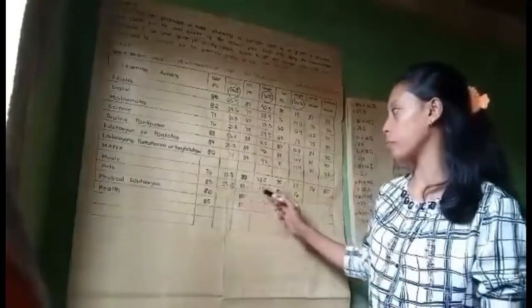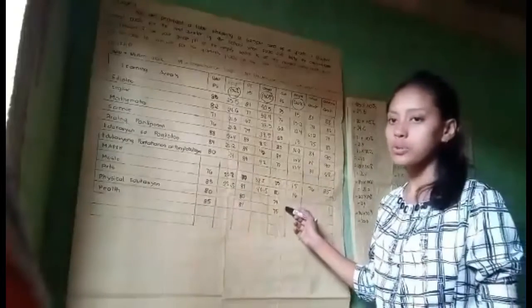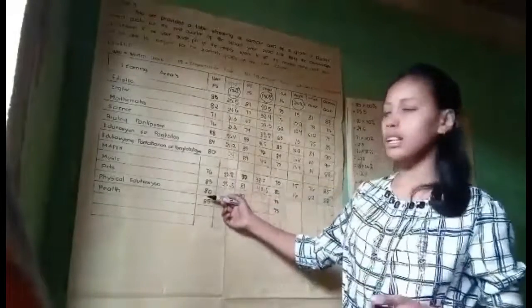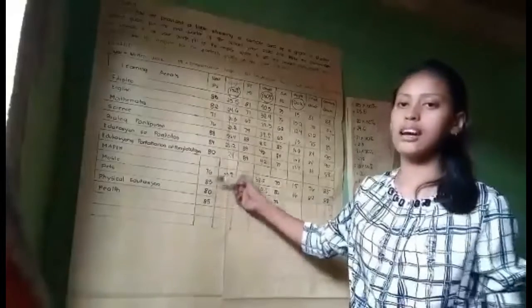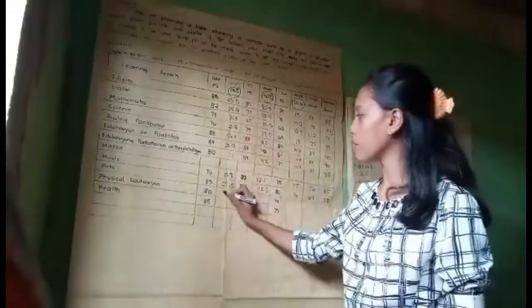Let's add these three. 25.5 plus 40.5 plus 16 is equal to 82. So the initial grade of arts is 82. So the quarterly grade of arts using the transmutation is 88. Next is physical education. 80 times 30% is 24.